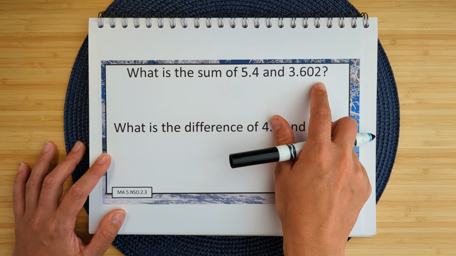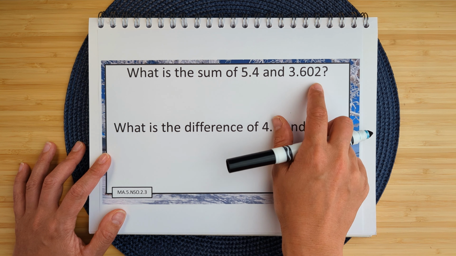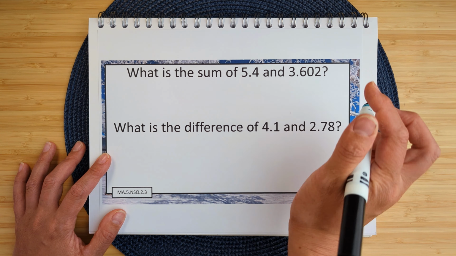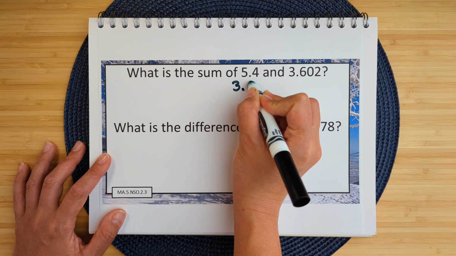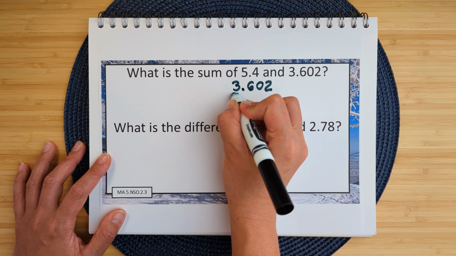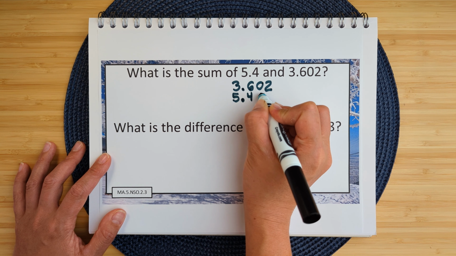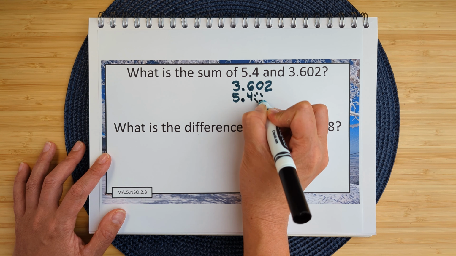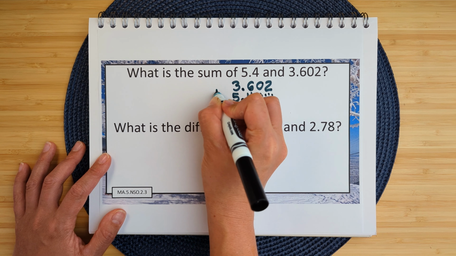By default, I always put the decimal which has more place values listed on top, so 3 and 602 thousandths goes on top. Then 5 and 4/10ths, making sure I line up my decimals. I like to add on invisible zeros, and it helps me keep track of my place values.